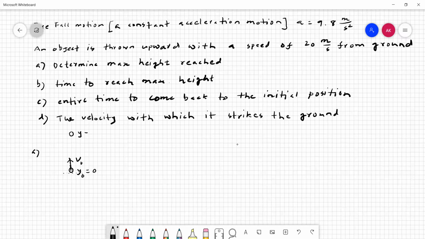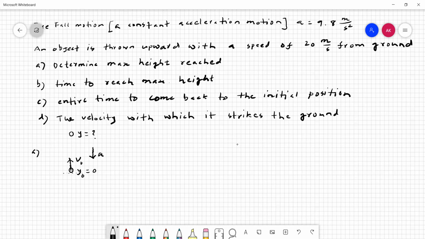The final position is y, which is not known to us. This is what we need to solve for. For free fall motion, what's the direction of acceleration? Downwards. So I'm going to draw the direction of acceleration in the downward direction.